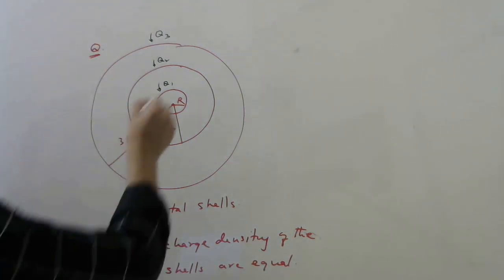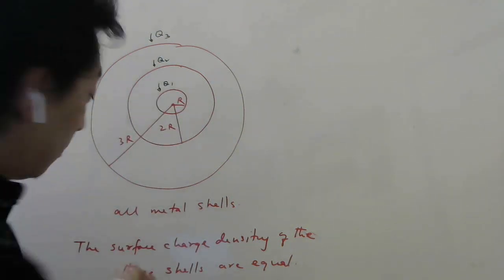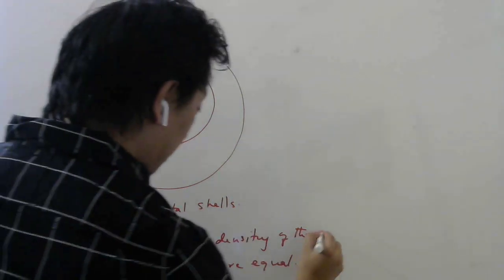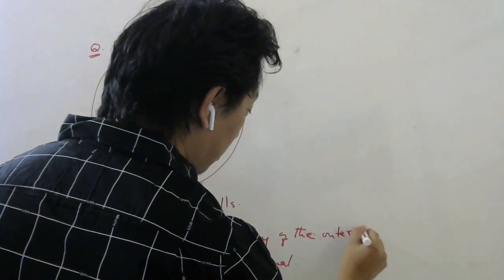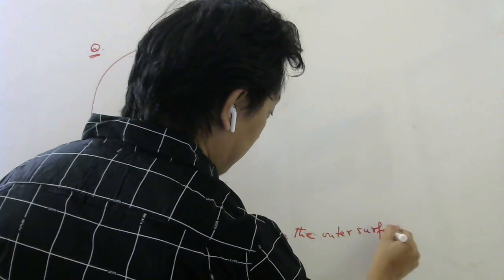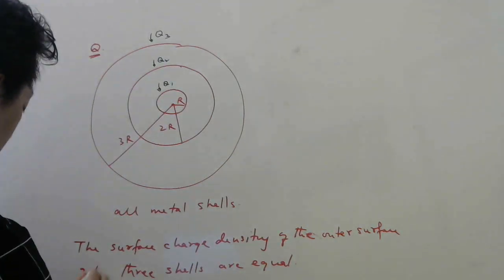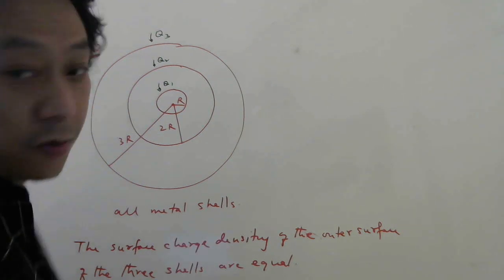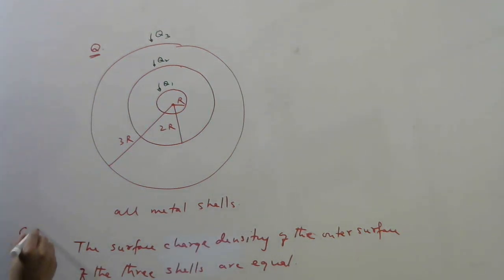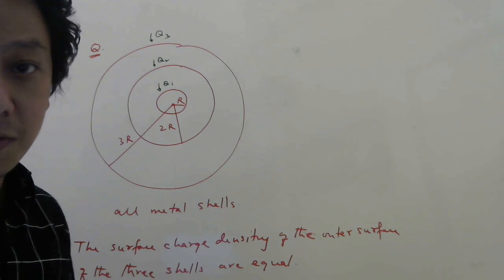So whatever is charge here per unit area, but surface charge density of the outer surface of the three shells are equal. So this information is given to us in the question. This information is given, students. Okay, be careful about this.